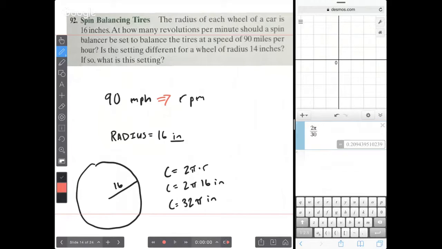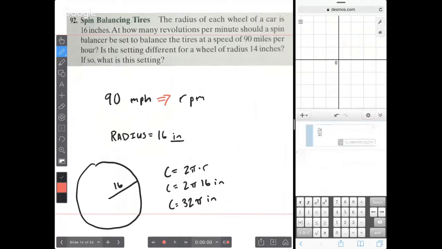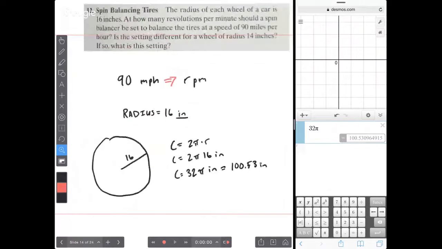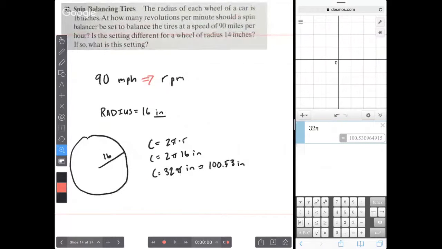So when the wheel turns over once, we go 100.53 inches. And now I need to know how many revolutions per minute will make 90 miles per hour.